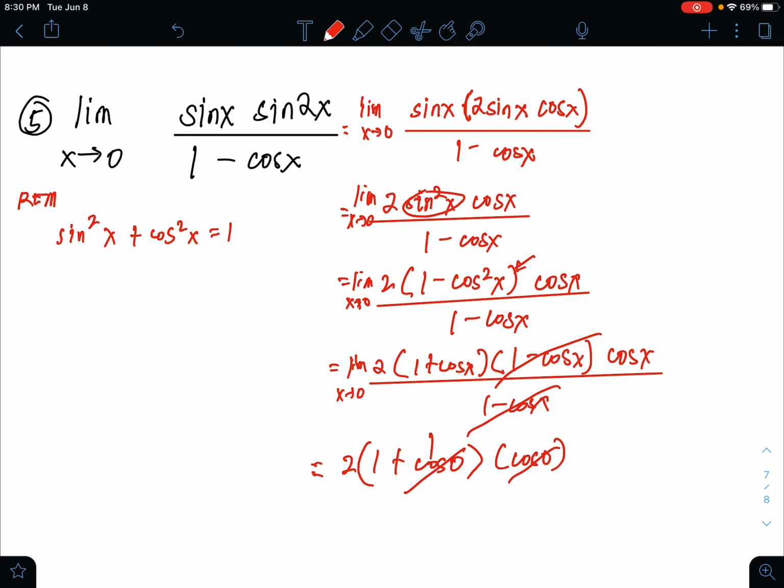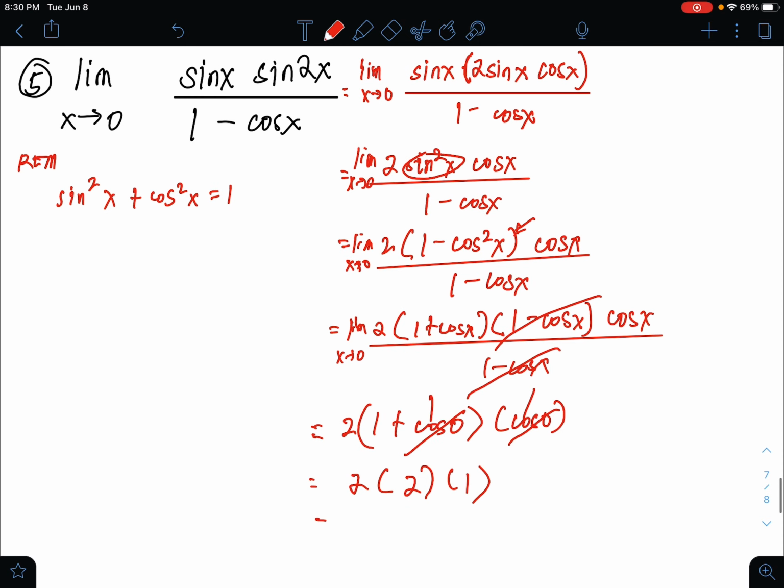Cosine of 0 is 1, so that's 2 times 1 plus 1, times 2 times 1. So 4 is our final answer.